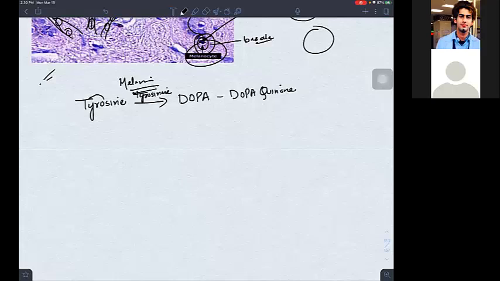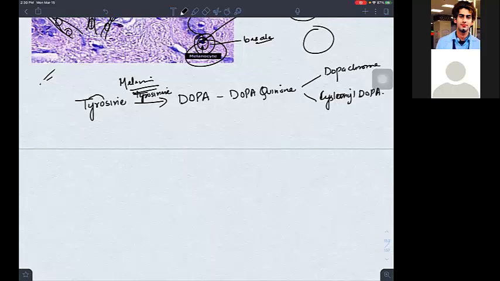So we have two substances now, two types from dopaquinone: dopachrome and cysteinyl dopa.